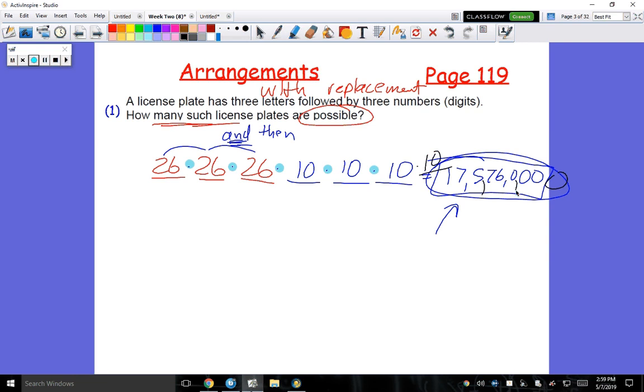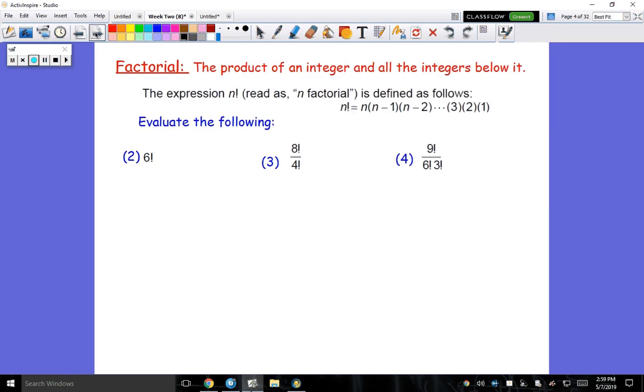Okay? All right, let's move on to factorials. This is something new. Some of you probably have seen it before. If you haven't, the notation is with an exclamation point. Okay? And this is what factorial means. It's dealing with the different combinations and permutations that we're going to look at today.